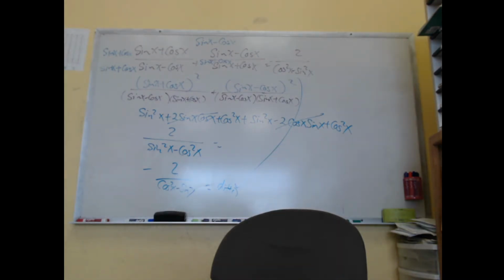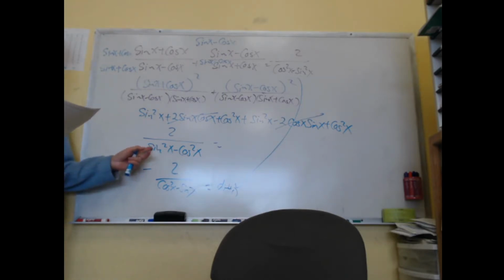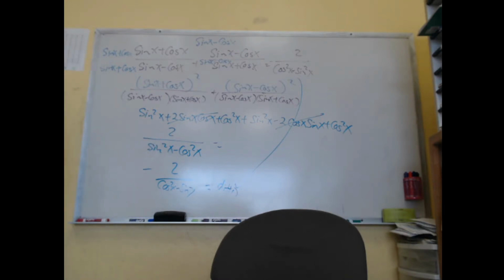How do I get the negative? Because what I did here, I just swapped those terms. Once you swap them, you take out the negative sign. Can you guys try number 8?